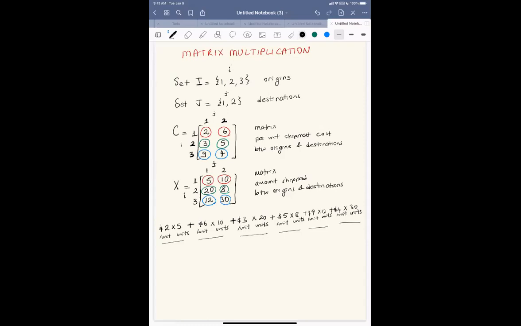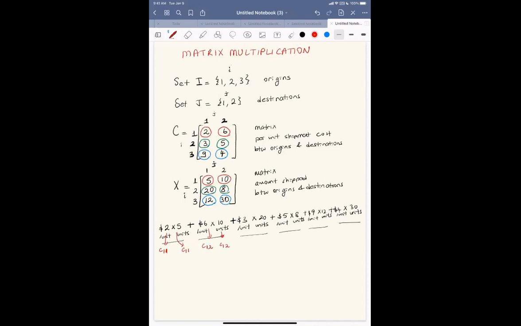So let's go back and remind ourselves what that 2 is. I'm going to switch to red. Remember this 2 here was C11, and this 5 was X11. The 6 was C for the first origin, but now moving on to the second destination, and this 10 was the first origin still, second destination.